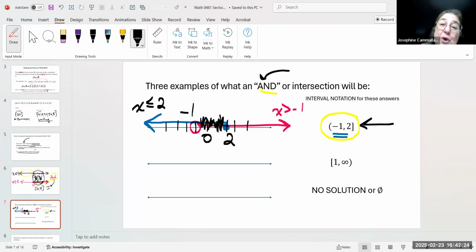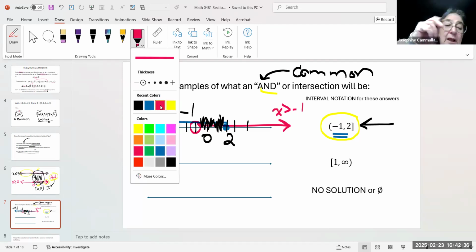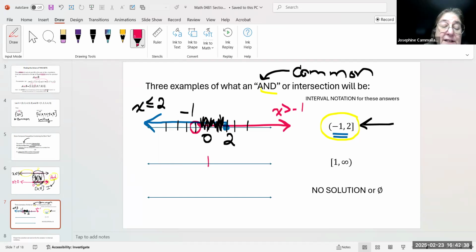Because "and," what's in common? That's what you've got to think. What's in common? Well, here's my number line. Okay, I have 0.